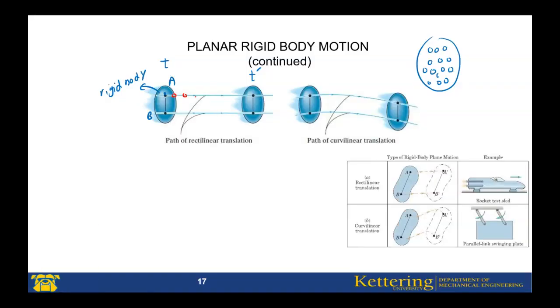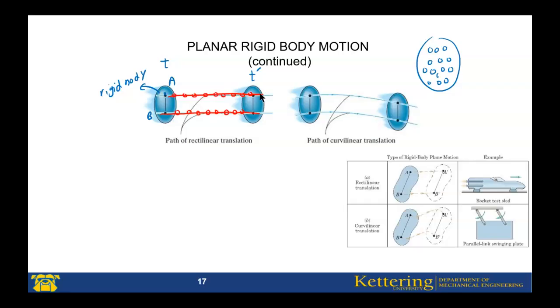I track the position as this is moving along this line, for example, during different time intervals. And also track the position of B during the different time intervals. And I just connect those points together.